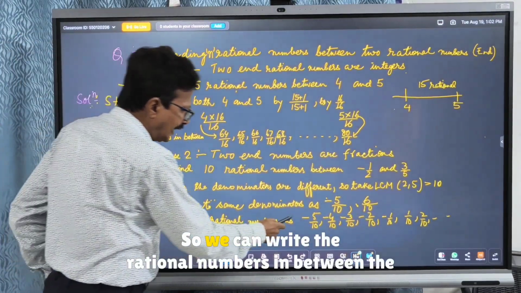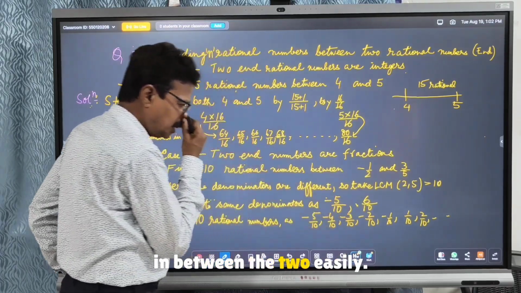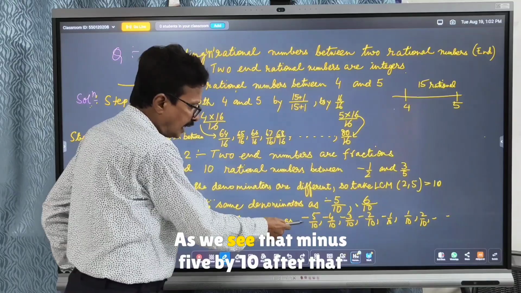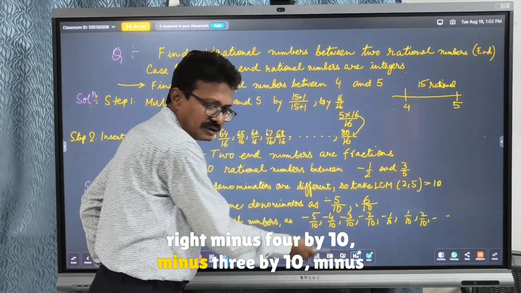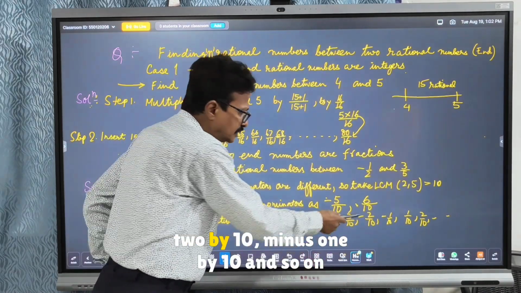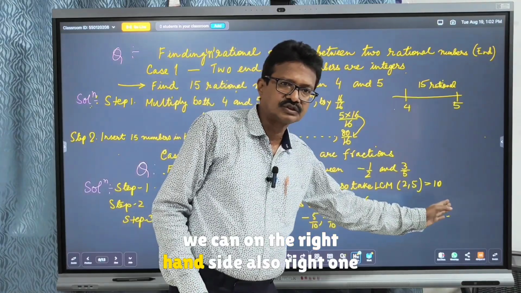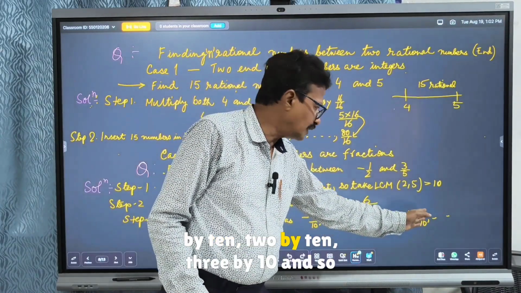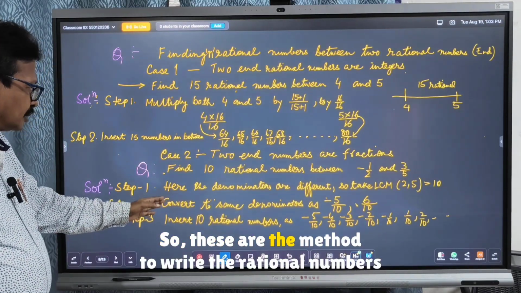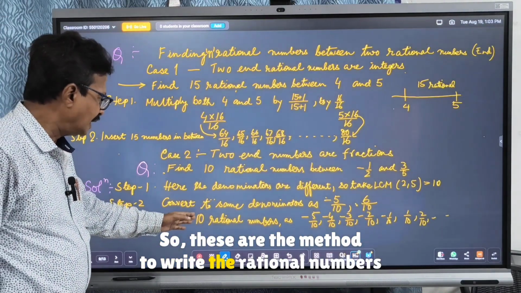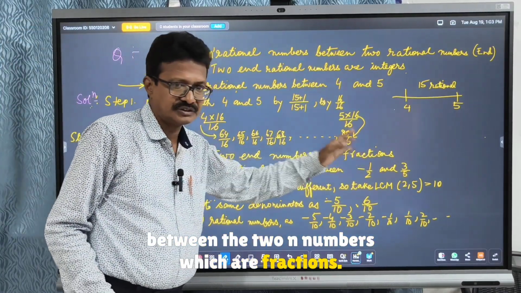So we can write the rational numbers in between easily: minus 5 by 10, after that minus 4 by 10, minus 3 by 10, minus 2 by 10, minus 1 by 10 and so on. On the right hand side we can also write 1 by 10, 2 by 10, 3 by 10 and so on. So this is the method to write the rational numbers between two end numbers which are fractions.